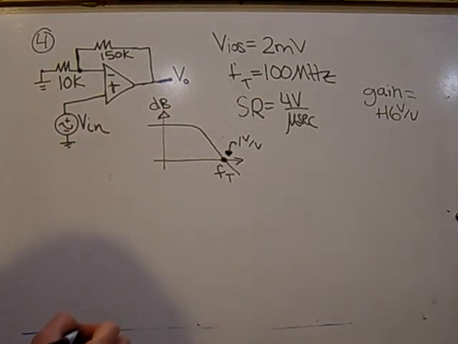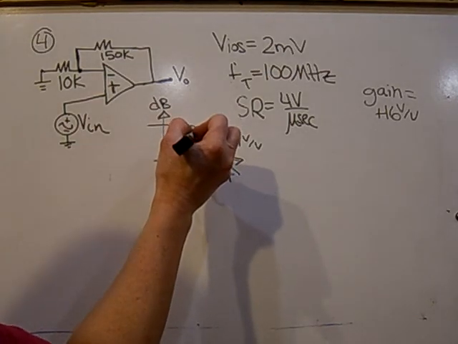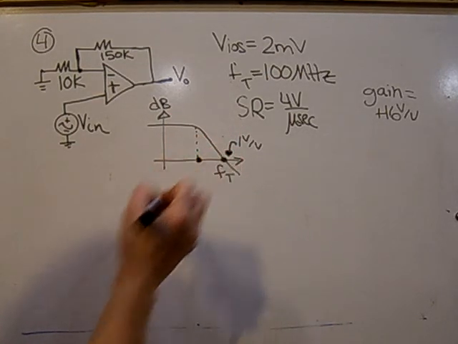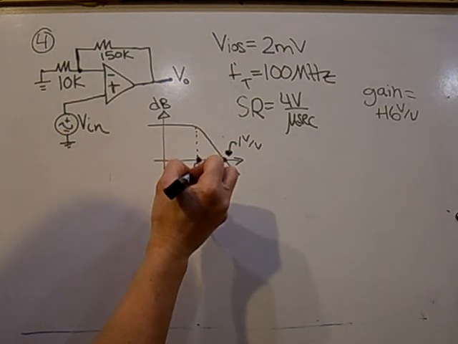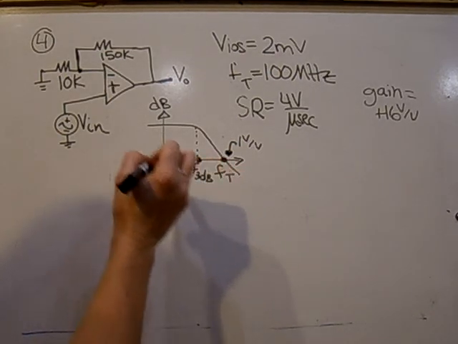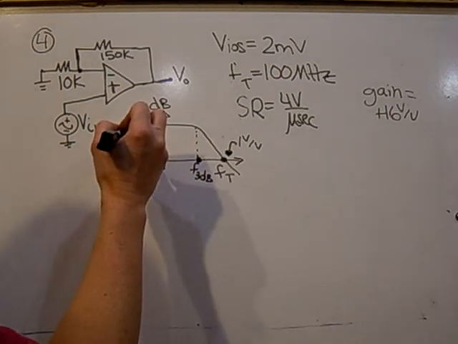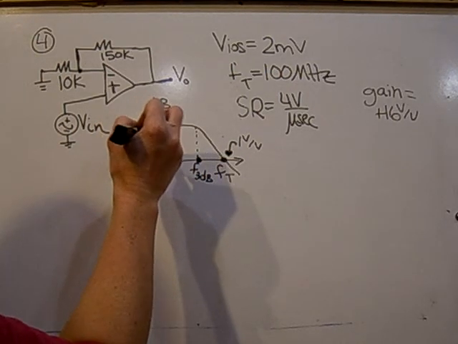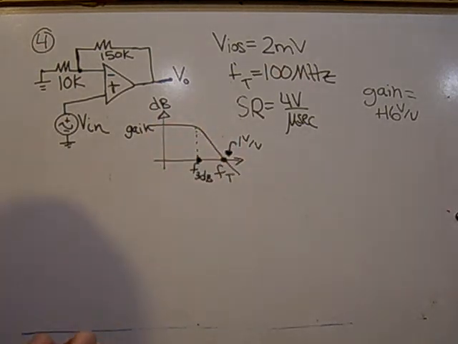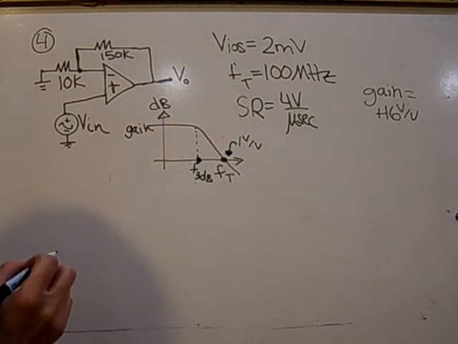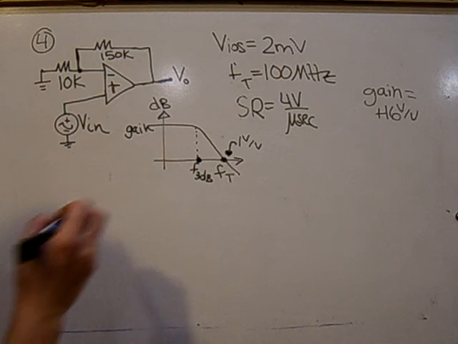This is the value that's given on data sheets. What we want to know is this point, the F3 dB, which will tell us the actual frequency range of the circuit. This is the gain, and then it starts to drop off after the frequency at the 3 dB point.